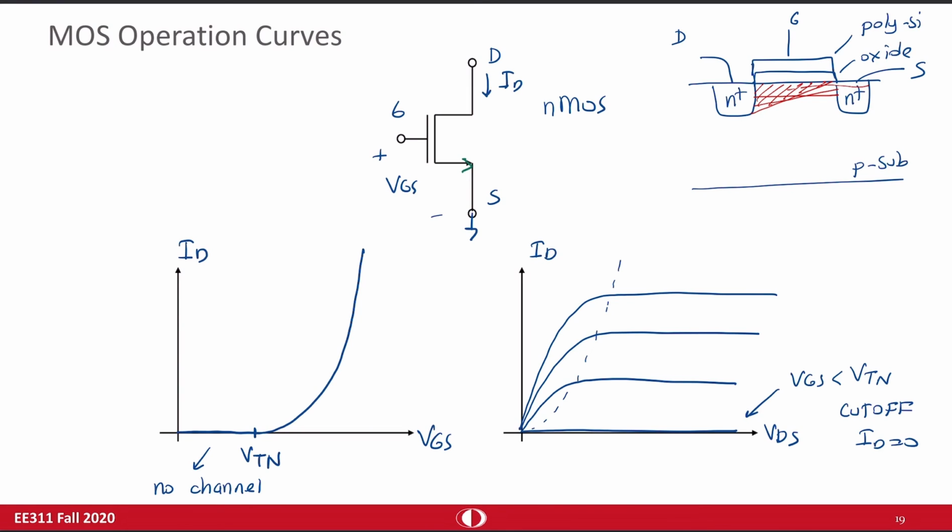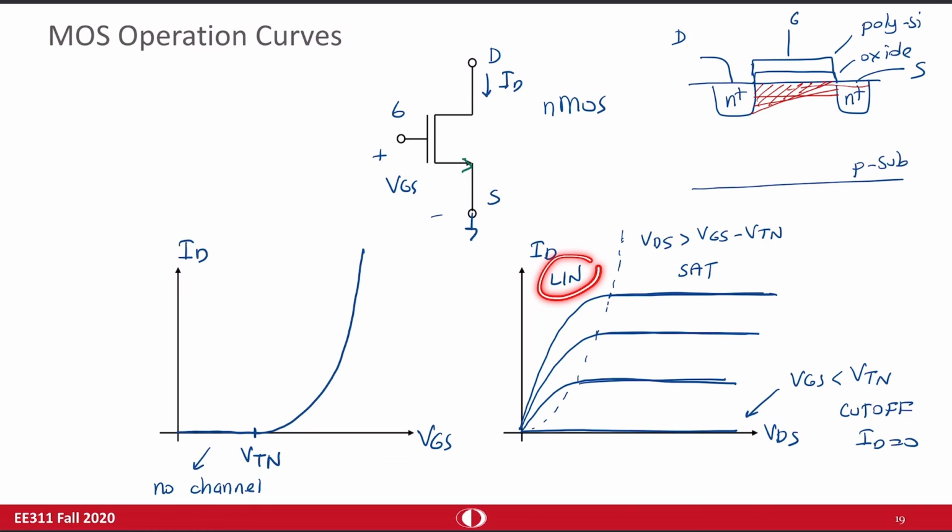When VDS is larger than VGS minus VTN, we have saturation, and as you see, the current is saturated. When VDS is less than VGS minus VTN, there is a linear relation between output current and VDS potential.